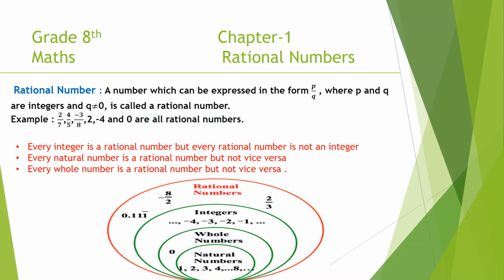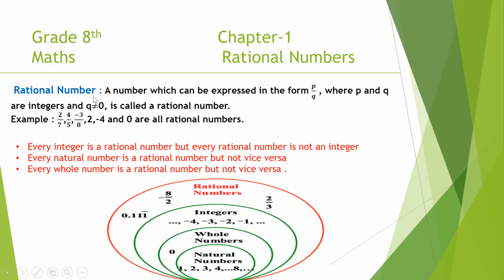Topics like finding a rational number between two rational numbers and higher logic word problems are few which we will discuss in detail. First of all, we will understand the definition of rational numbers.